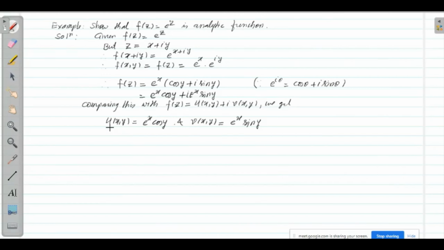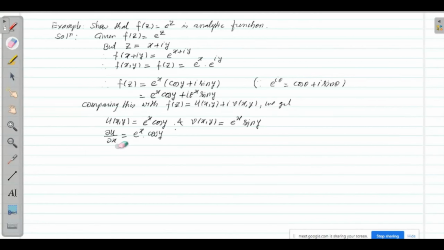Now differentiate u with respect to x. Differentiating u partially with respect to x, dou u by dou x is, since y will be constant, e raised to x only and cos y as it is.